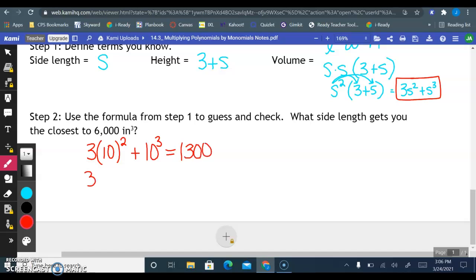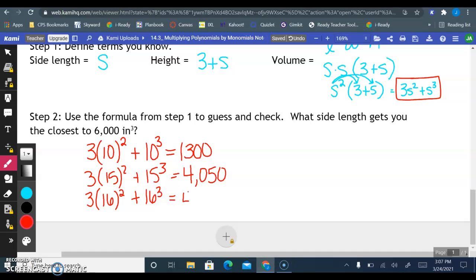So now I'm going to try 15. 15 gives me 4,050 when I plug that in. So let's try 16. We're getting closer. And that is 4,864.